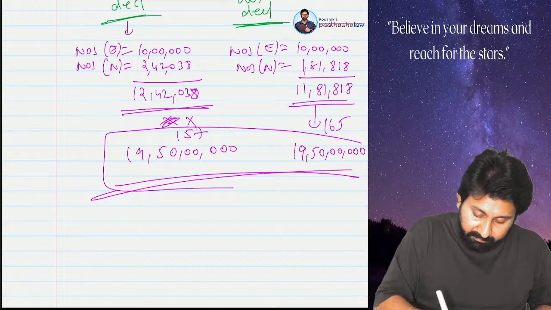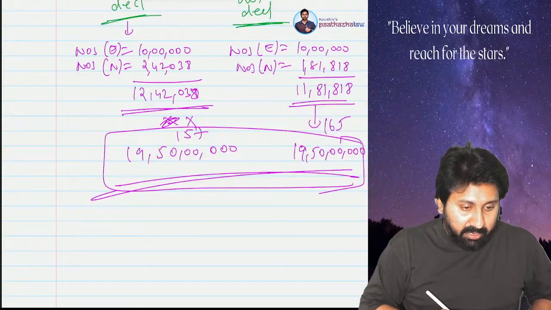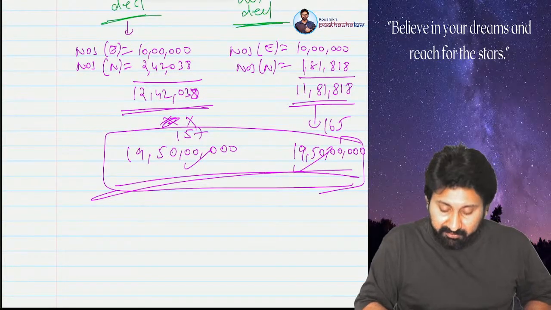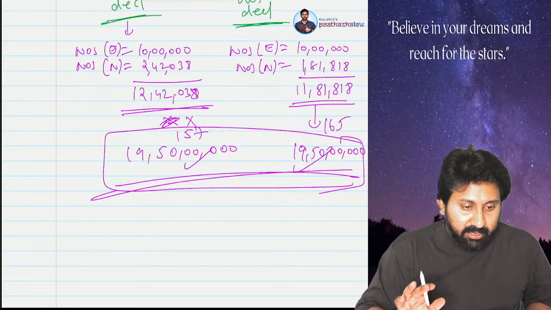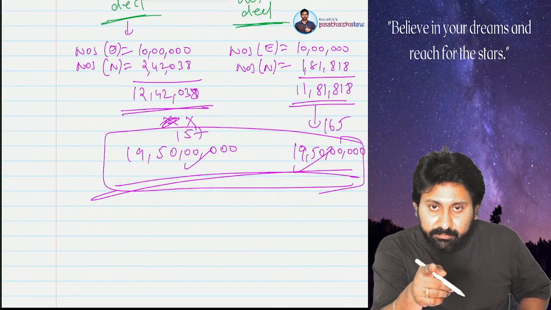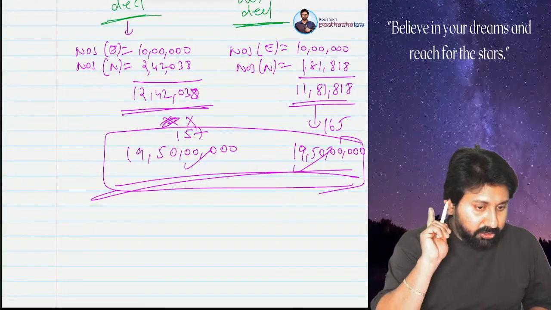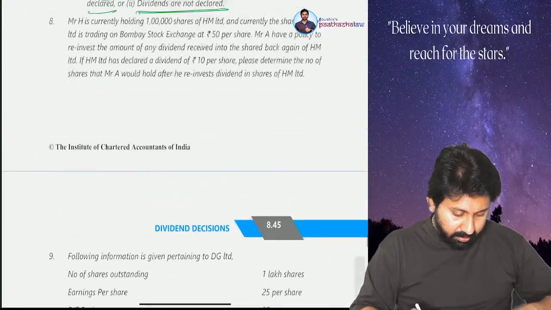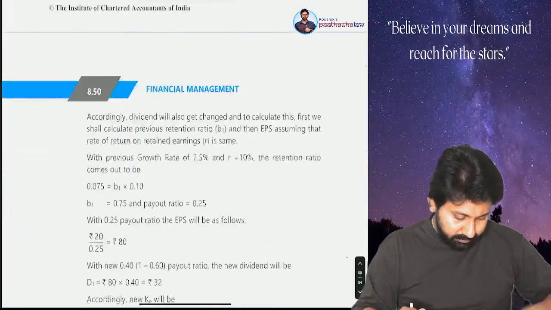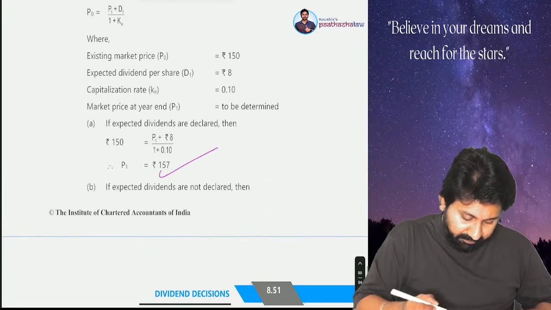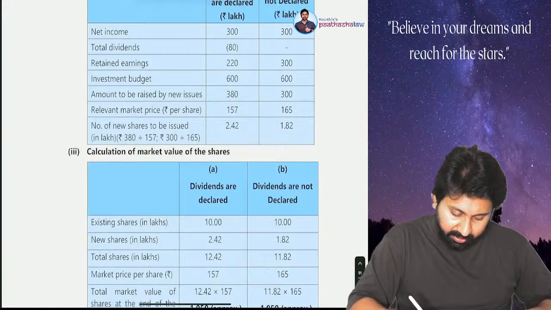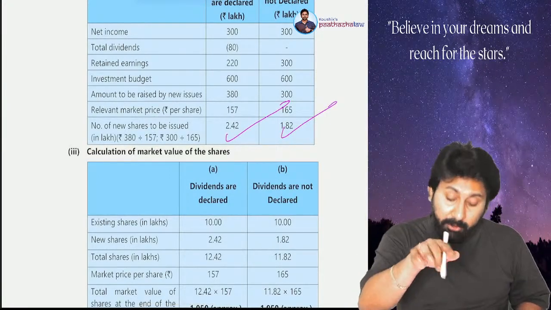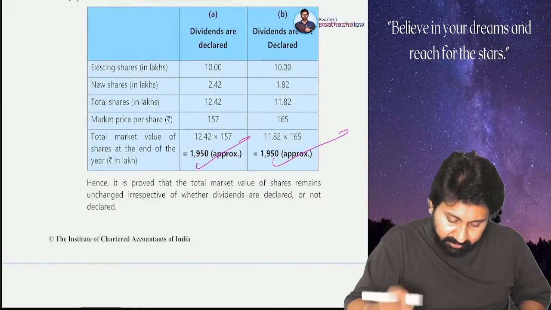So the market value of the company in both the cases comes to 19 crore 50 lakh. Everyone understood this question clearly? See here: 157, 165, 2 lakh 42,038, 1 lakh 81,818, rounded off to 1.82. 19 crore 50, 19 crore 50.